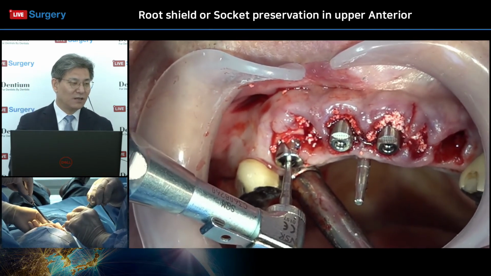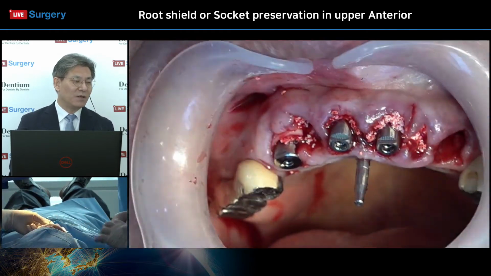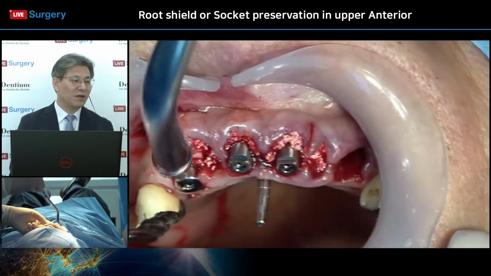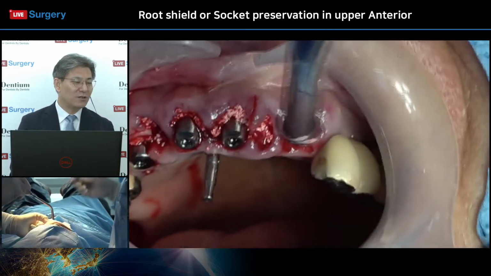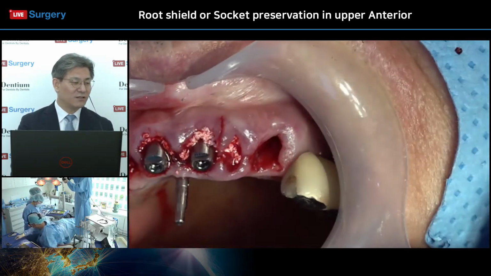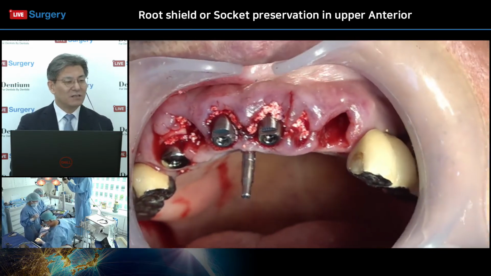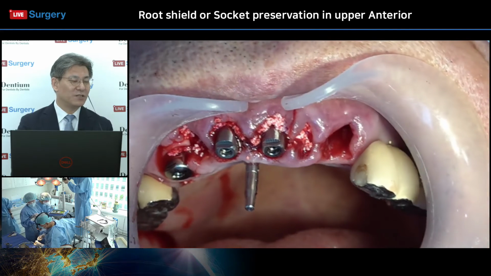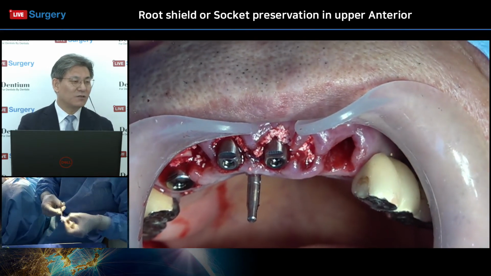During the drill sequence, it's the same between tissue level and bone level. And finally, you can choose either one. Tissue level is the better condition at this time. Okay, I will insert tissue level on this side. But on another side, bone level is better. Okay, it doesn't matter.